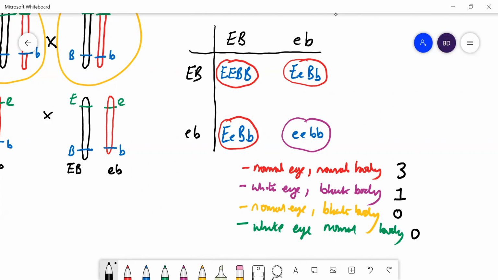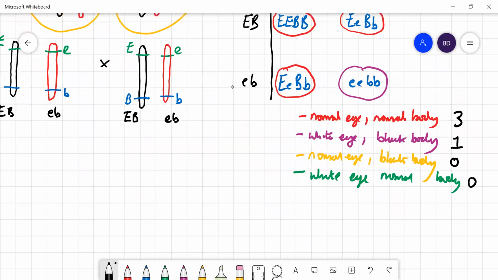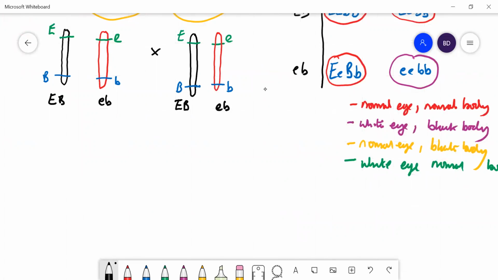Now, there's two possibilities really. There's two extremes. We can get a 9 to 3 to 3 to 1 ratio, or we can get a 3 to none to none to 1 ratio. That's the possibilities. If I double that up, let's just multiply everything by 9. That's the same as having a 9 to 0 to 0 to 3 ratio.